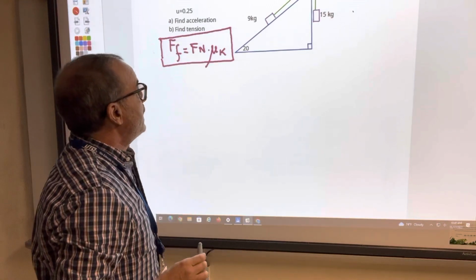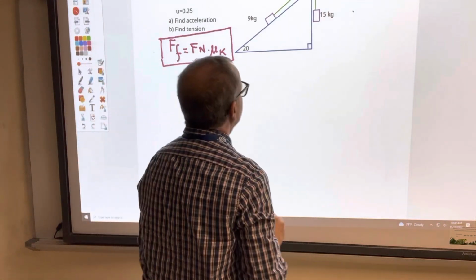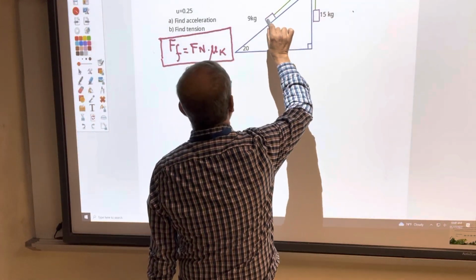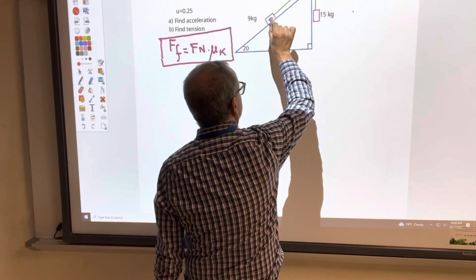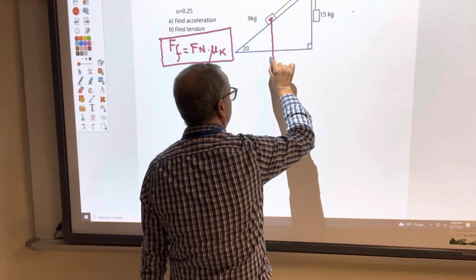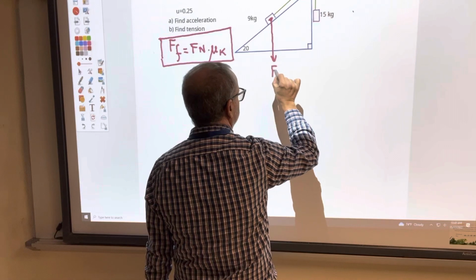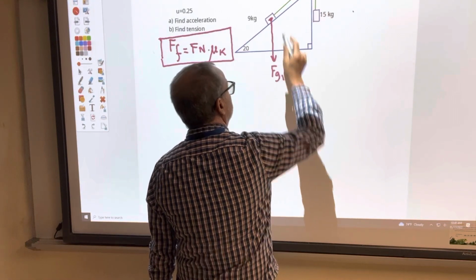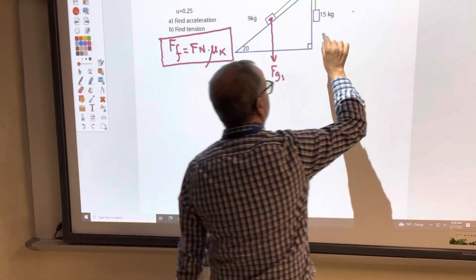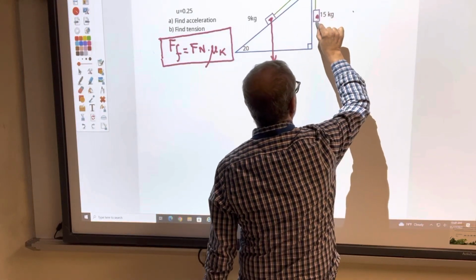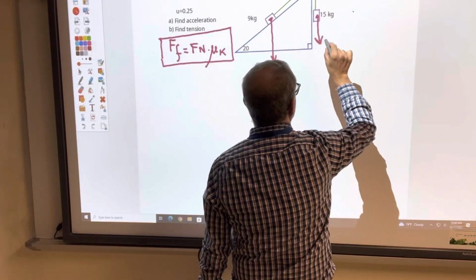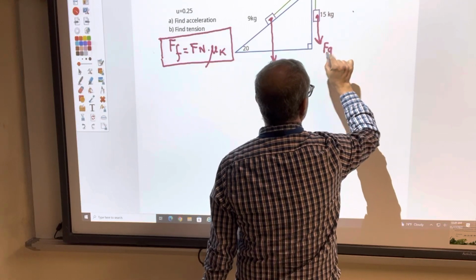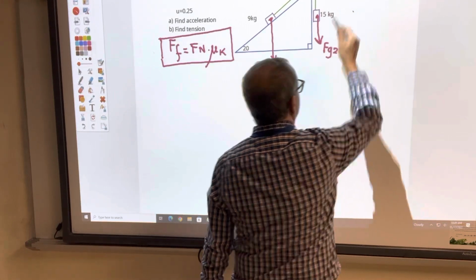All right, now we're going to put down the gravitational force first. So we have a gravitational force going down here. That's Fg. We can call it Fg1 for mass 1, and the other one is Fg2 for mass 2.